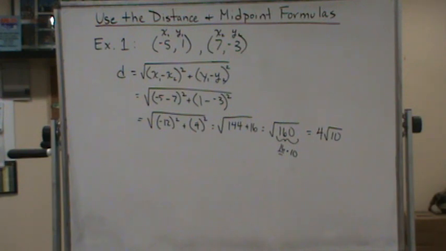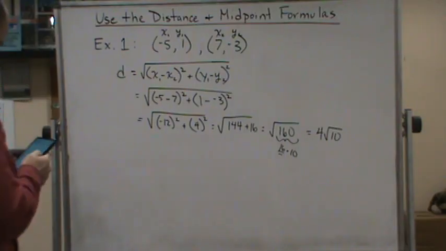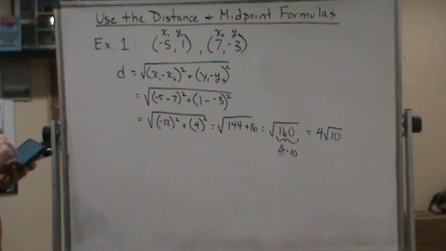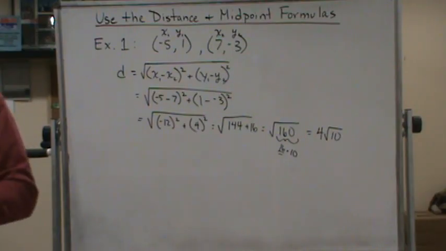And they're going to tell you how many decimal places they want you to go to. So let's say they want you to go to 2 decimal places. So let's do 4 times the square root of 10. And so if we round to 2 decimal places, that would give us 12.65.